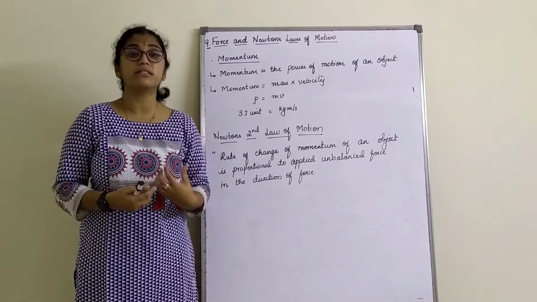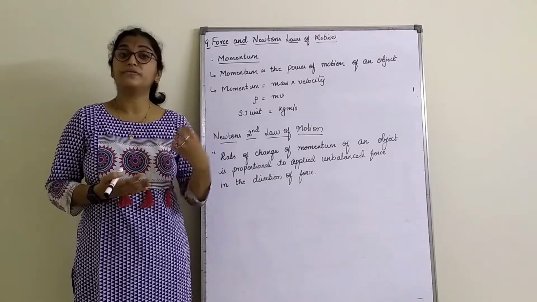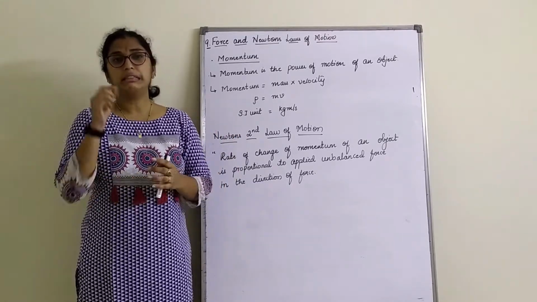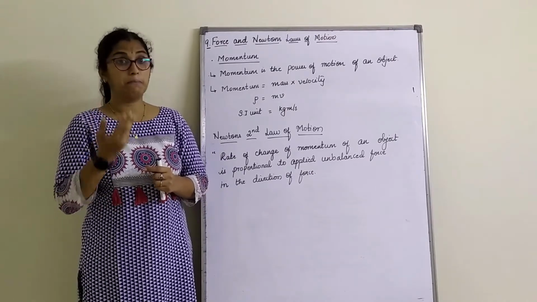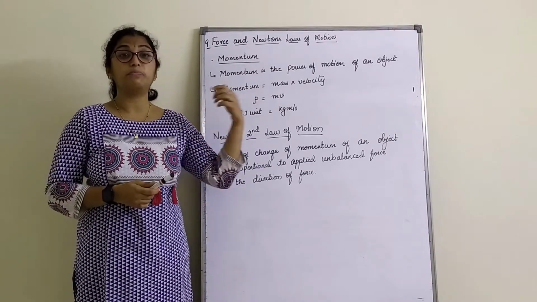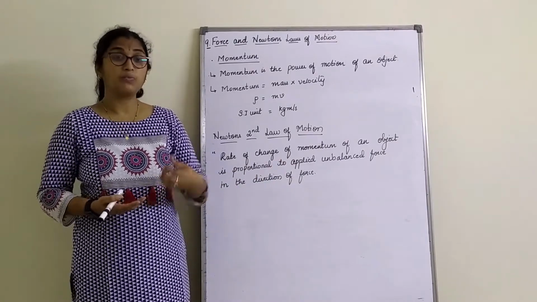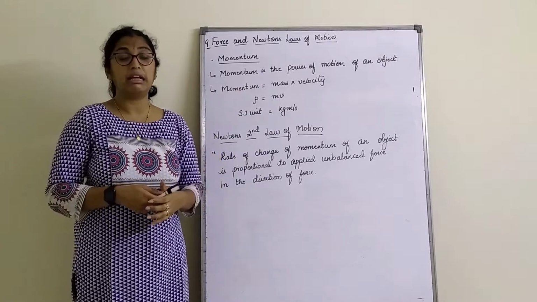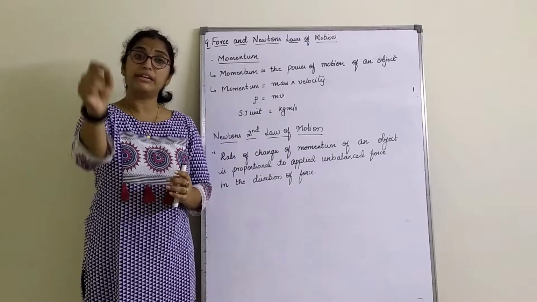To understand momentum better, suppose a bullet is fired from a gun. The mass of the bullet is very negligible, it has a very small mass. But the velocity with which the bullet moves can actually pierce a log of wood, can actually kill a human being, right? Now assume there is another person who is just throwing the same bullet from the hand.